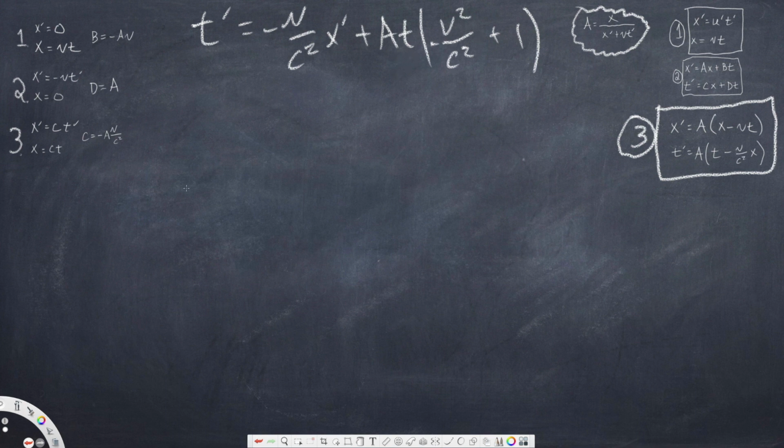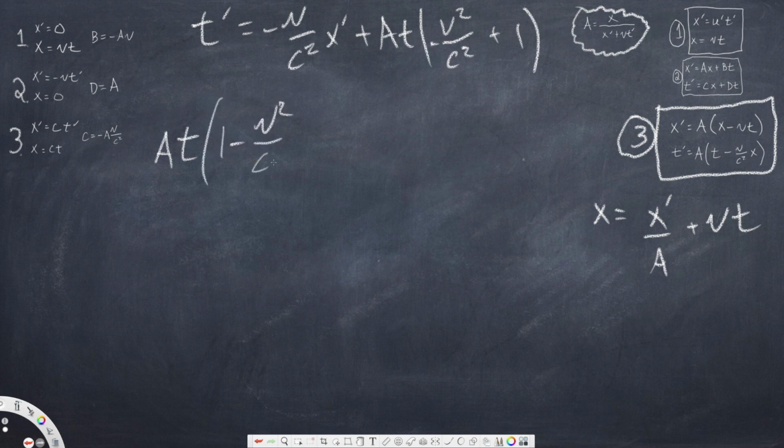So now what we're actually going to do here is we're going to solve for t just as we had solved for x. Because we technically have this x over here, which was x prime over a plus vt. So we want to solve for that t. So we get the whole thing, let's just move this whole thing over, 1 minus v squared over c squared equals t prime plus v over c squared x prime.